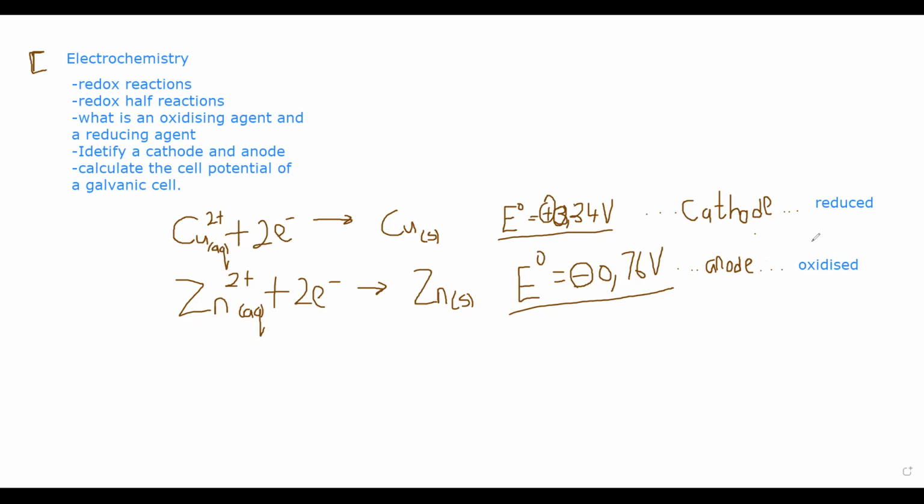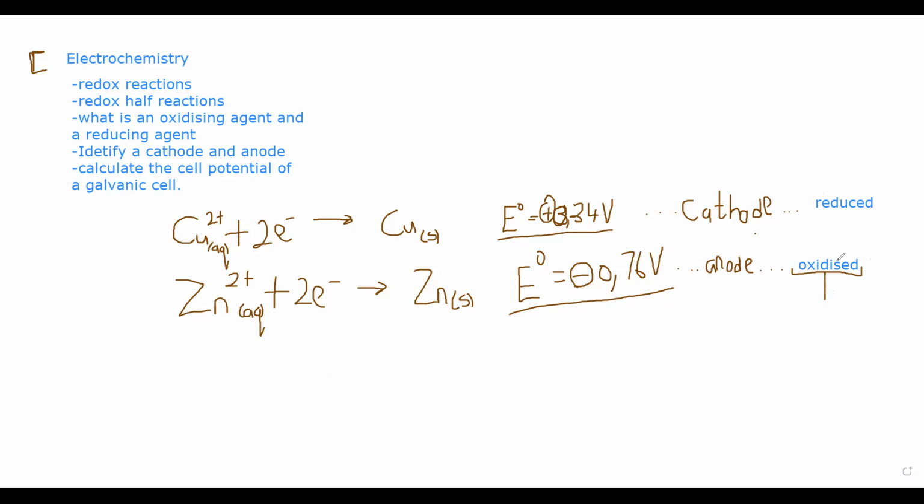So by definition, we know that the one that is oxidized, it causes reduction to occur in the one that is reduced. So basically, since zinc is gonna be oxidized, copper is gonna be reduced.